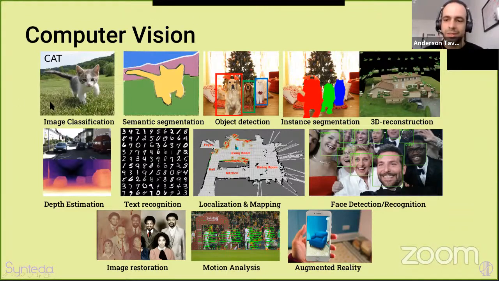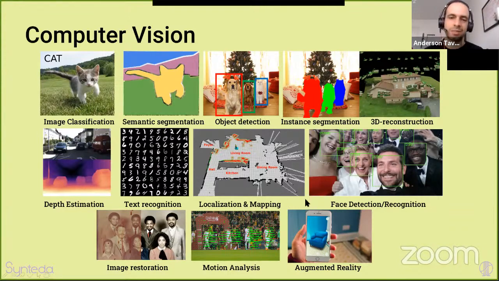And we have also tasks related to 3D, like 3D reconstruction based on a sequence of images, depth estimation, text recognition, localization and mapping that robots can use in order to, at the same time, localize and also provide the map of the scene.